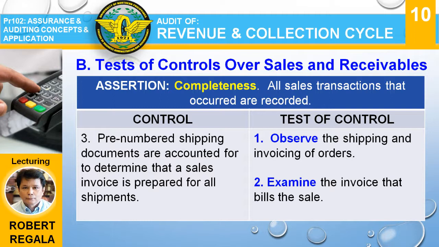To test this control, the auditor can observe the client performing the procedure or select a sample of shipping orders and examine the invoices that bill the sales. The presence of a sales invoice copy indicates that the shipment was billed.